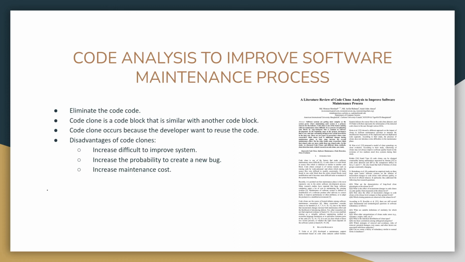Therefore, it will lead to error proneness and may produce new bugs in the system. Lastly, it will increase the maintenance cost. This is because if the copied code block has a bug, then the other copied code blocks also need to be checked to guarantee that there is no bug and it is safe to use. Therefore, it increases the time for maintenance, which also increases the cost of maintenance.